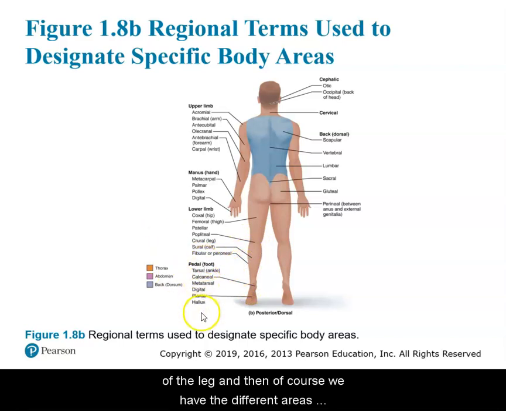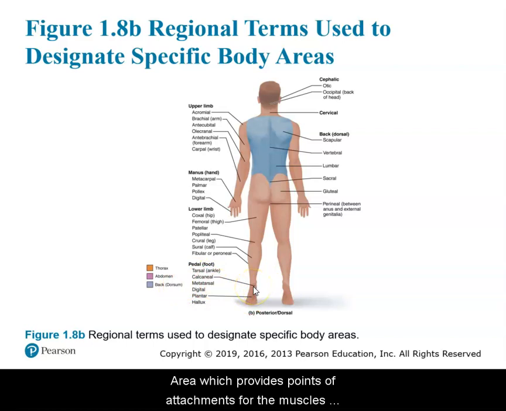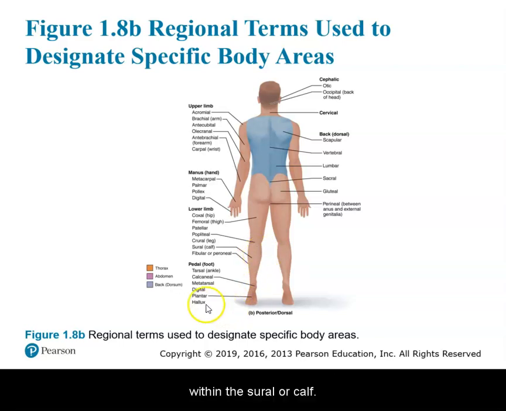And then of course we have the different areas within the pedal region or the foot region that you guys can read about. So we have the tarsal area in the pedal region, which is the ankle, the calcaneal area, which provides points of attachment for the muscles within the sural or calf area.